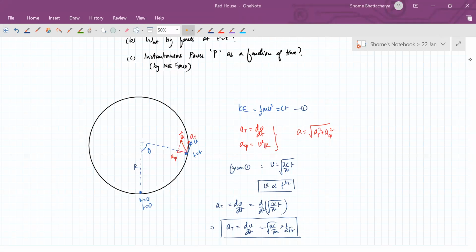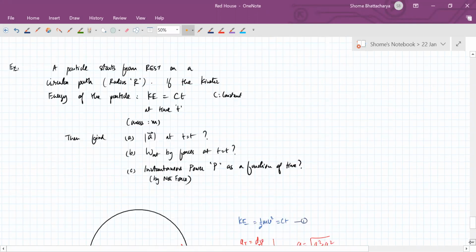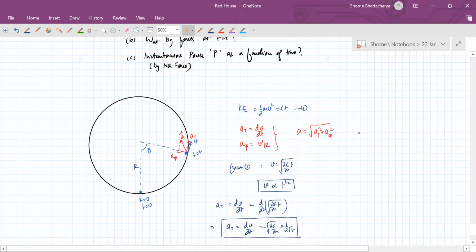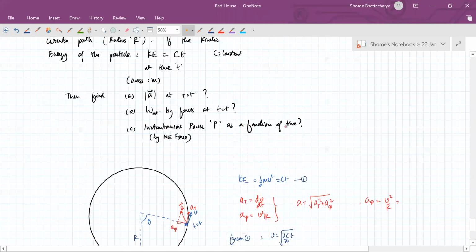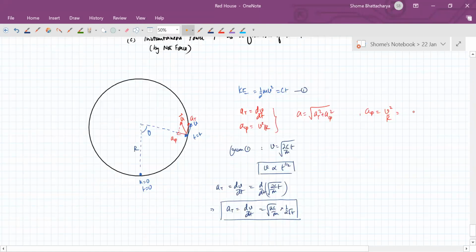Okay, Jabin. So I'll just verify your answer. So the magnitude of the acceleration at the time t, we have to use like this. So you can see the centripetal acceleration v square by r will become such that from this kinetic energy, or from equation 1 you can see v square will become 2ct by m, r like this. This is your centripetal acceleration.